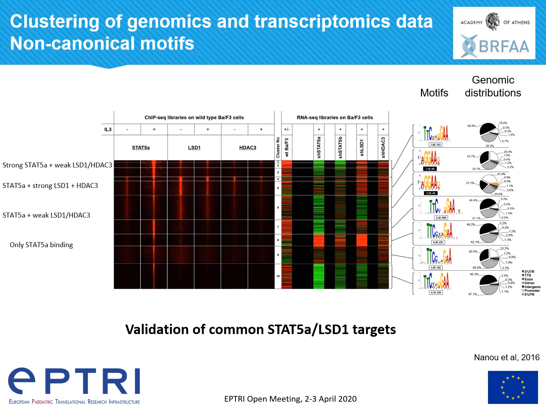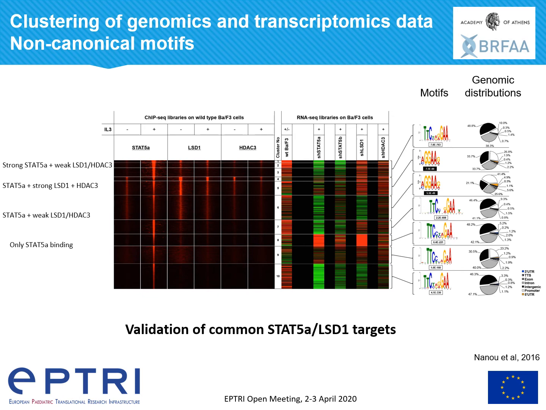So we defined groups with strong STAT5A binding and weak LSD1 and HDAC3 binding, less strong STAT5A and strong LSD1 and HDAC3 binding, less strong STAT5A and weak LSD1 and HDAC3 binding, and only STAT5A binding.